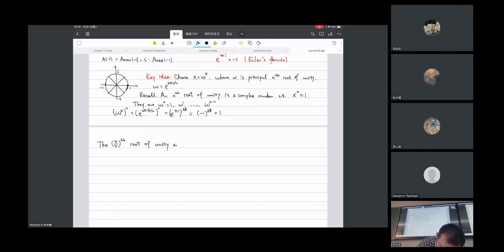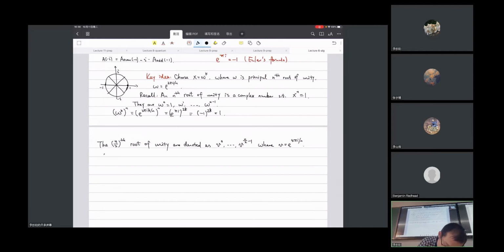We have used omega here, so let's use v instead, v0 until v of n over 2 minus 1, where v equals e to the 4 pi i over n, because we are talking about n over 2th roots of unity.